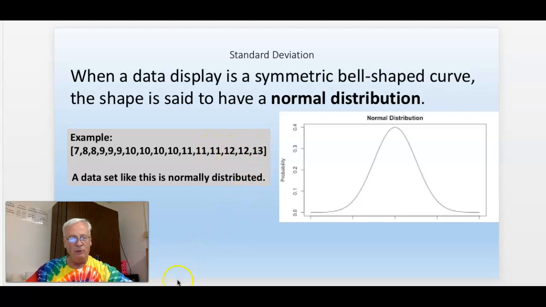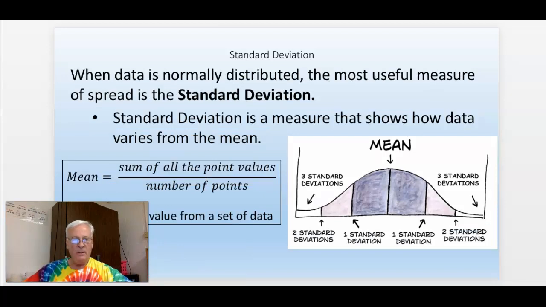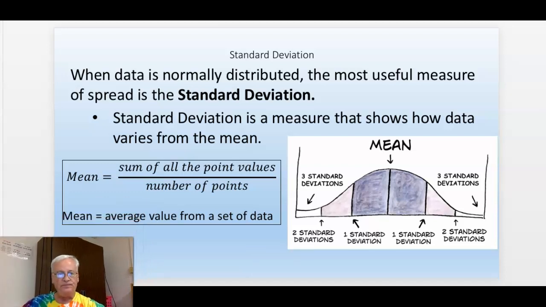Think about when we rolled 2 dice. We had kind of a normal distribution when we kept track of the total of 2 dice. That's when data is normally distributed.